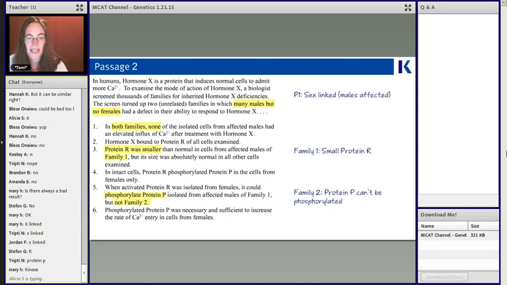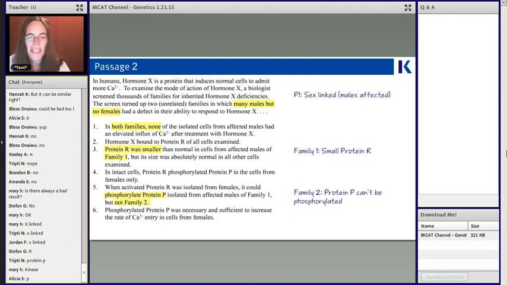Protein P, because it can't be phosphorylated. So protein R is the problem in family 1, it's teeny. Protein P is the problem in family 2, it cannot be phosphorylated. Many things, if they're not phosphorylated, are not active.